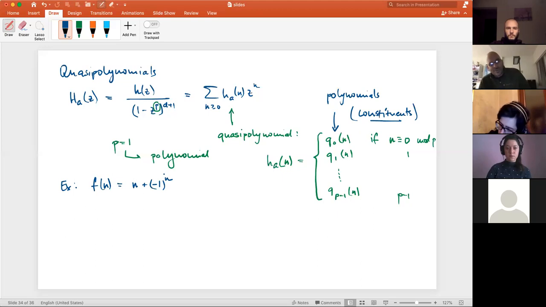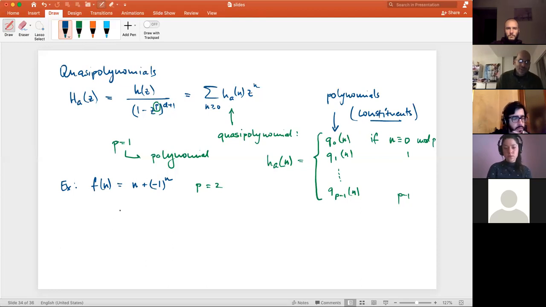My n looks like it's coming from a polynomial, and then I have a constant term that switches between plus and minus 1. So this quasi-polynomial has two constituents. One is n plus 1, and the other one is n minus 1. And I'm running through them, depending on whether n is even or odd.